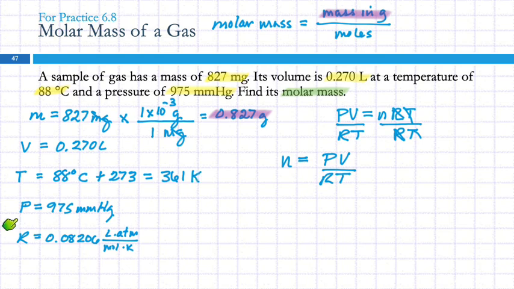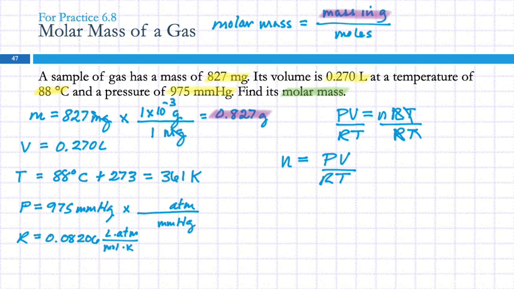And then the pressure, it was given in millimeters of mercury, but the units on the ideal gas constant tell me it needs to be in atmospheres. So we need to convert that one as well. Pressure unit conversions are always just one step. So I want atmospheres. I'm going to divide by millimeters of mercury.